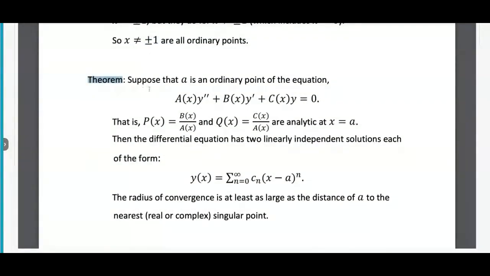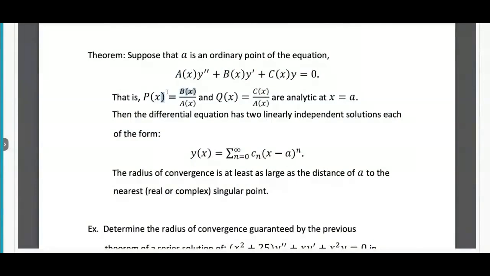Theorem. Suppose a is an ordinary point of such an equation. P and Q are analytic at a. Then the differential equation has two linearly independent solutions, each of the form y of x equals an infinite power series.